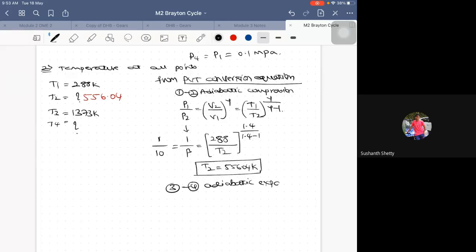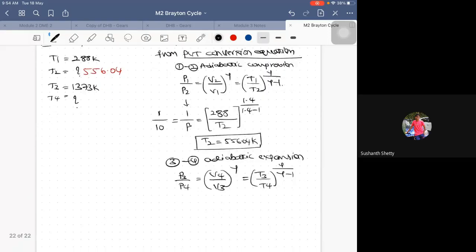Applying here, P3 by P4 is equal to V4 by V3 whole to the power of gamma, that is equal to T3 by T4 whole to the power of gamma divided by gamma minus 1. From this, P3 by P4 can I directly write as beta? T3 value is 1373 divided by T4, which we need to find, whole to the power of 1.4 divided by 1.4 minus 1.